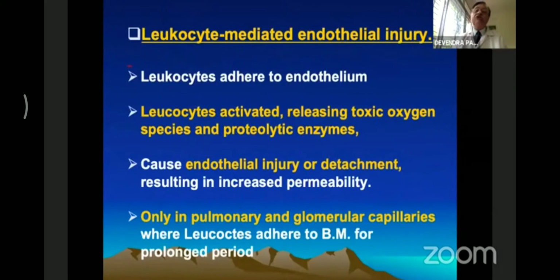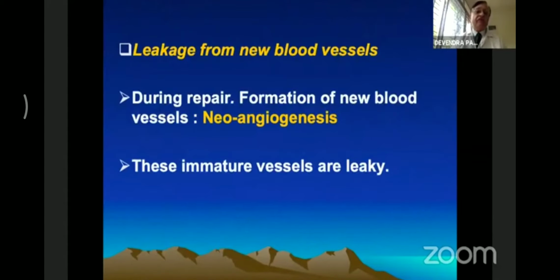Next is leukocyte-mediated endothelial injury. Leukocytes stick to the endothelium, get activated, release proteolytic enzymes, and damage the endothelium. This occurs only in pulmonary and glomerular capillaries, where the leukocytes are adherent to the endothelium for a very long time.